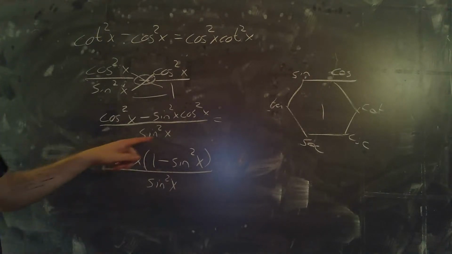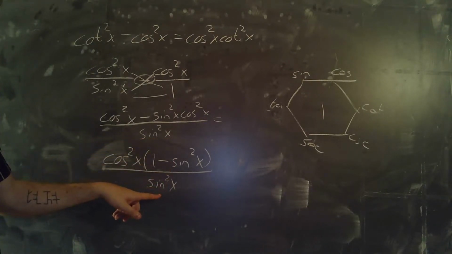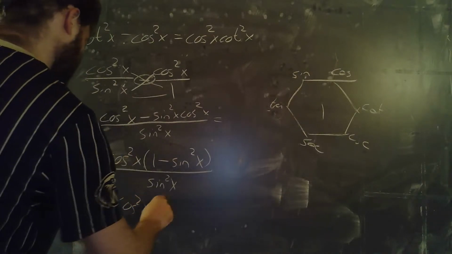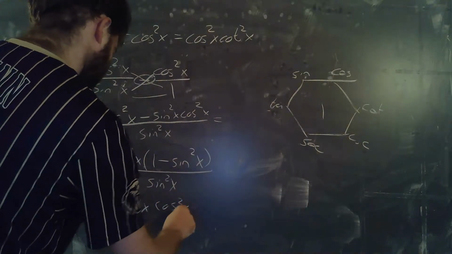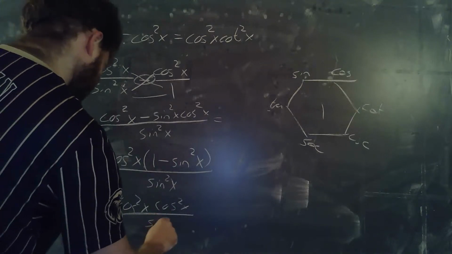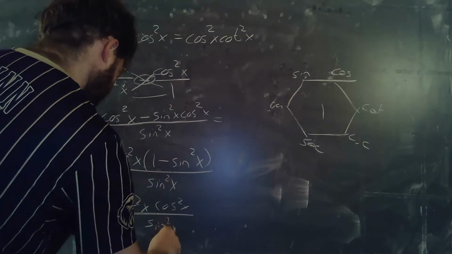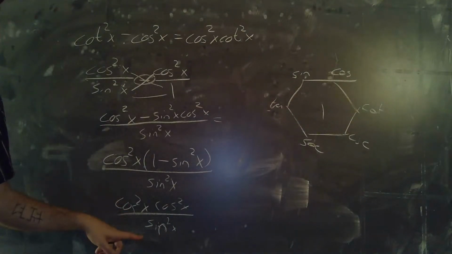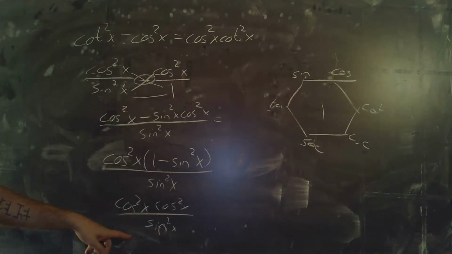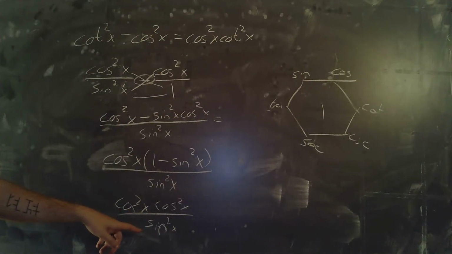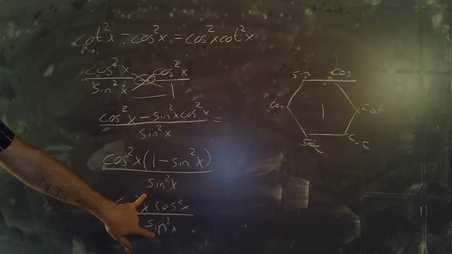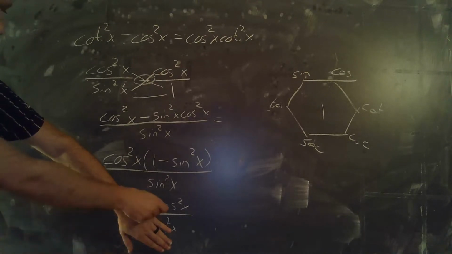So that gives me cosine squared times cosine squared over sine squared. But one of these cosine squareds and this sine squared can pair off because of one of the quotient identities, and that makes cotangent. So if I take these two, that makes cotangent squared, and then look what's left over.